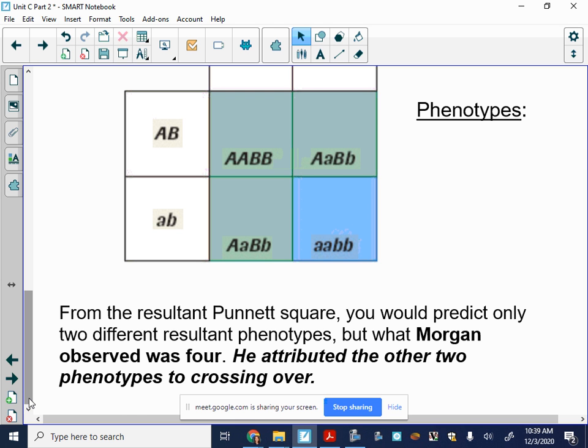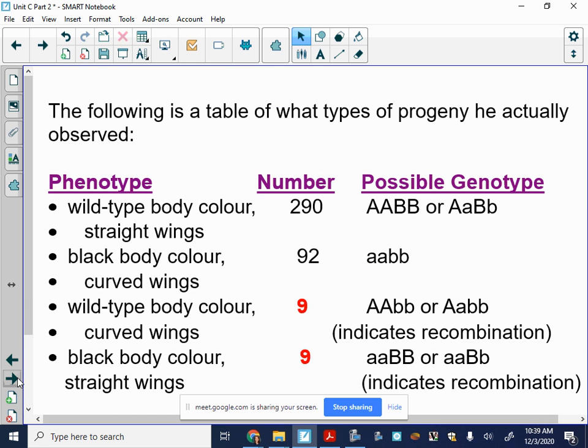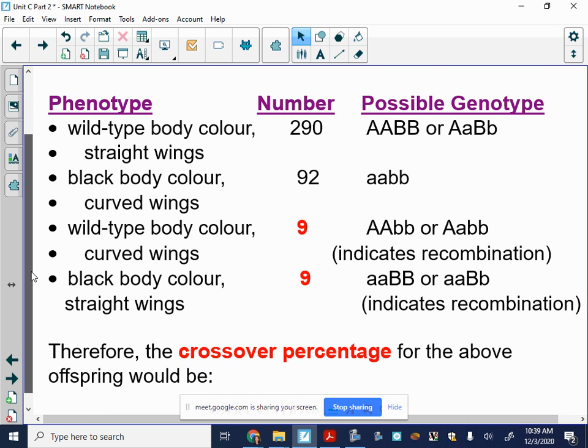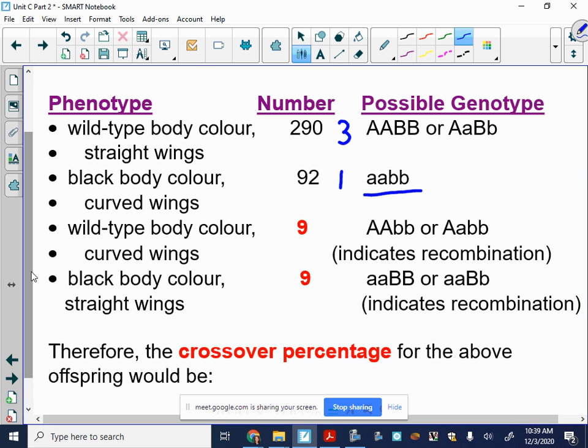But what Morgan observed was four phenotypes. He attributed the other two phenotypes to crossing over. These are our predictable ones, which would normally be a 3-to-1 ratio, so 75% showing the dominant phenotypes and 25% showing the recessive phenotypes.